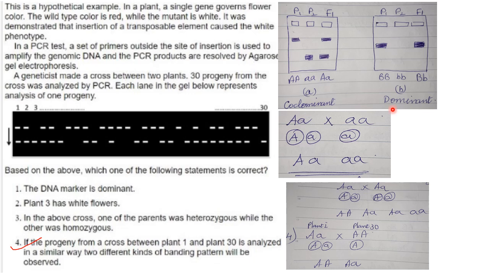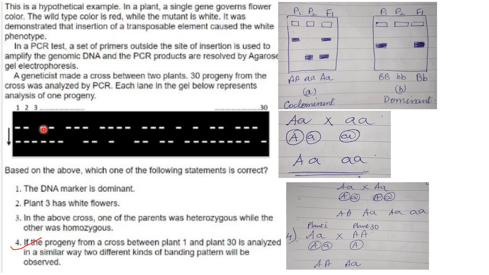Now in this case we will take the upper band as mutated ones and the lower band as non-mutated ones. Why do we take the upper band as mutated ones? Because the transposable element has got inserted.